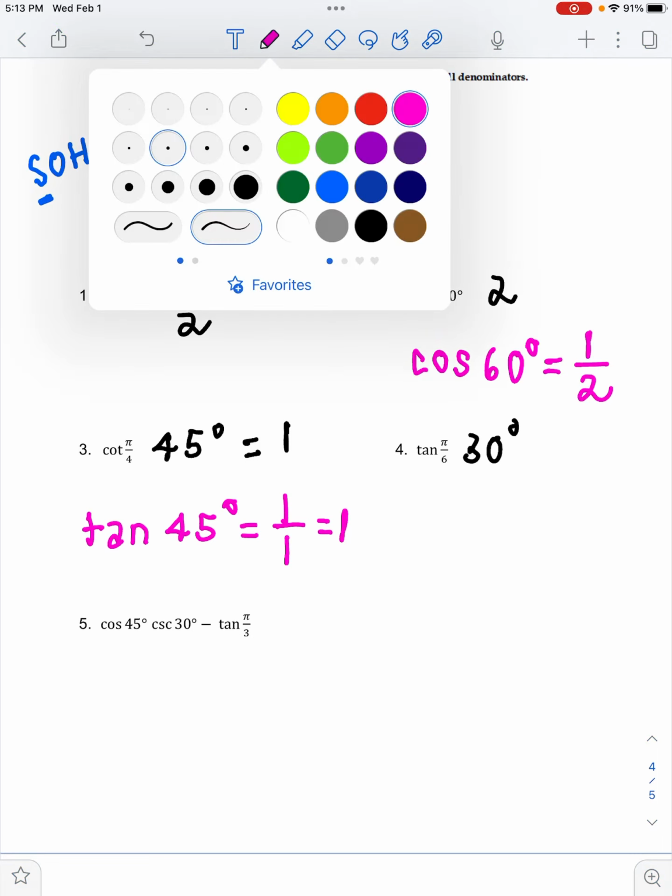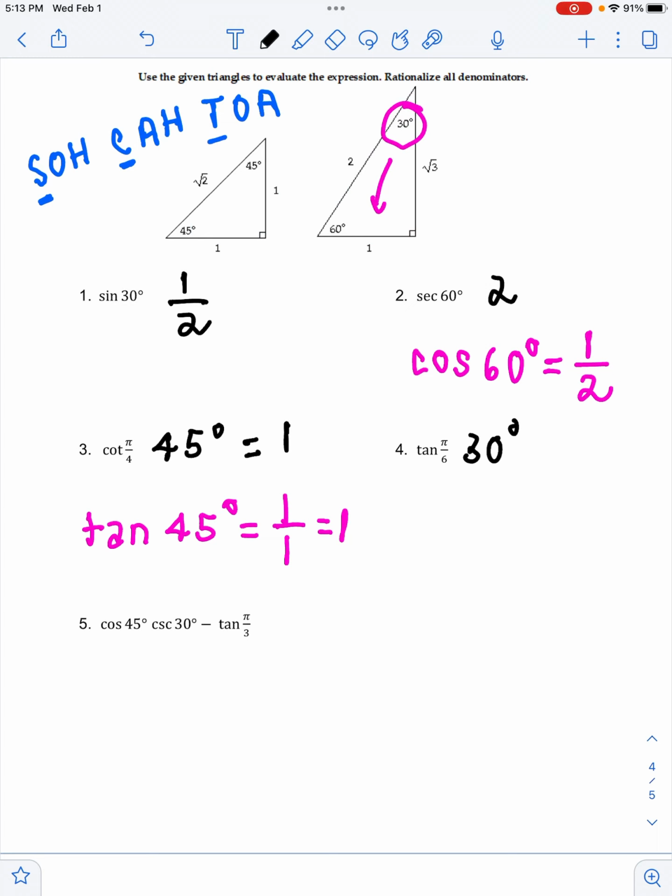So that means we are going to take 1 over the adjacent side of square root of 3, but we have to rationalize this by multiplying by square root 3 over square root of 3. So our answer becomes square root 3 over 3.